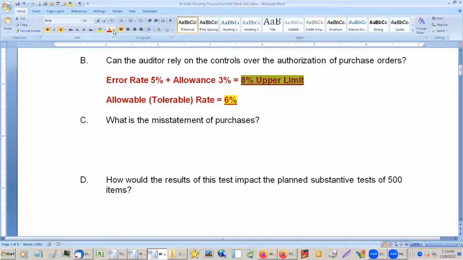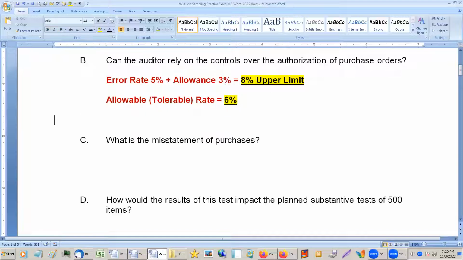We can't rely on it because the most we'll allow for is this, but according to our tests, these could be off by as much as 8%. So we can't rely on these controls. This one got missed a lot on the test.